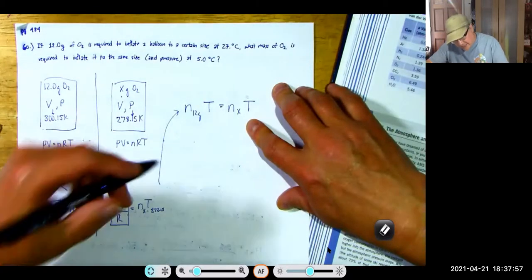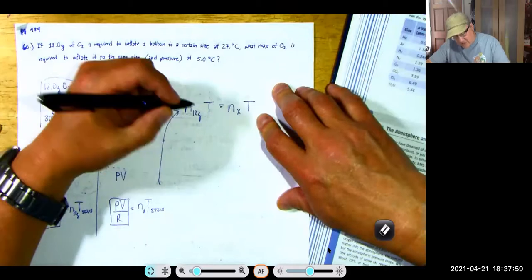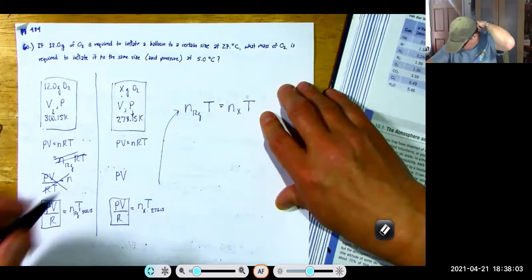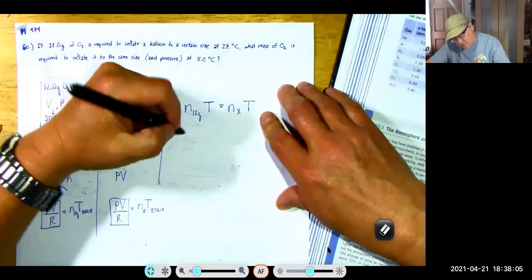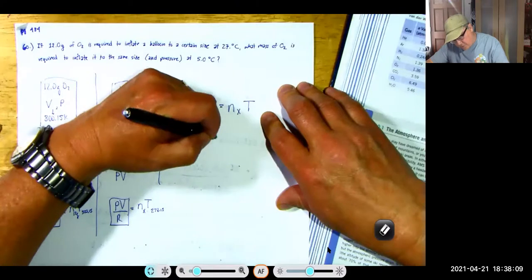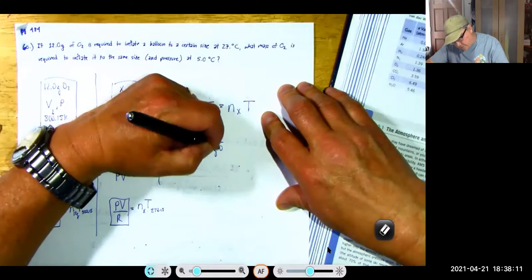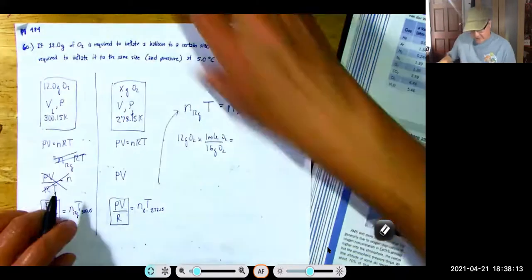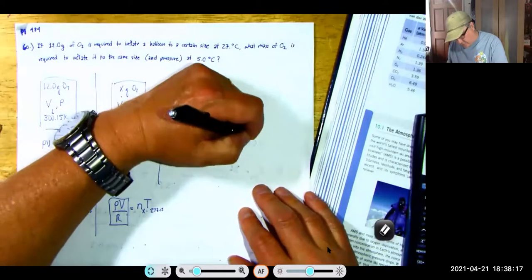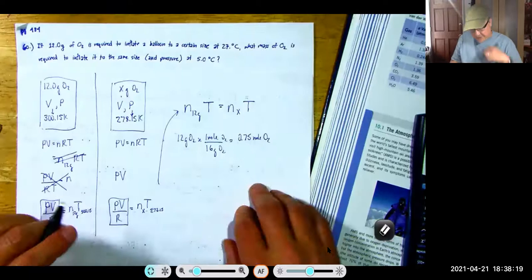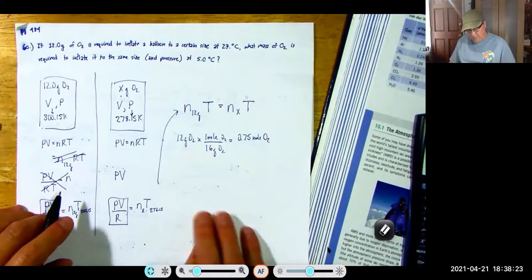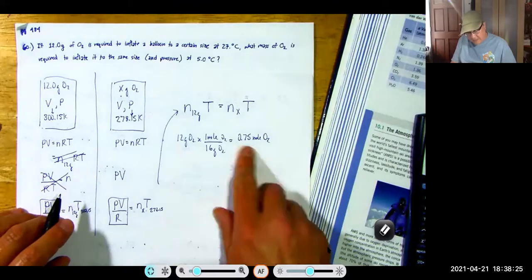So how do you calculate the moles for 12 grams of oxygen? Well, we would say 12 grams of O2 times 1 mole per 16 grams of O2 would give us, let's see, 0.75 mole of O2, if I'm not mistaken, because this is the same as 3 over 4, which is 3/4. Okay, so we know how many moles we have here.